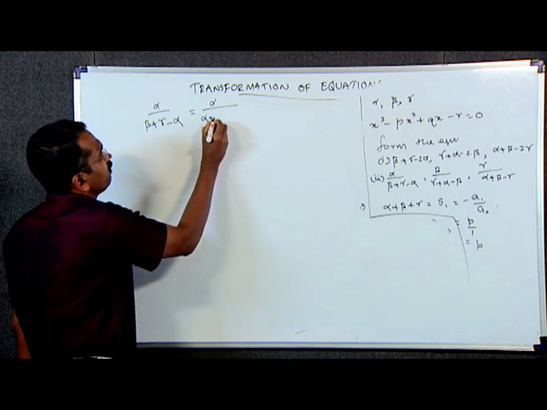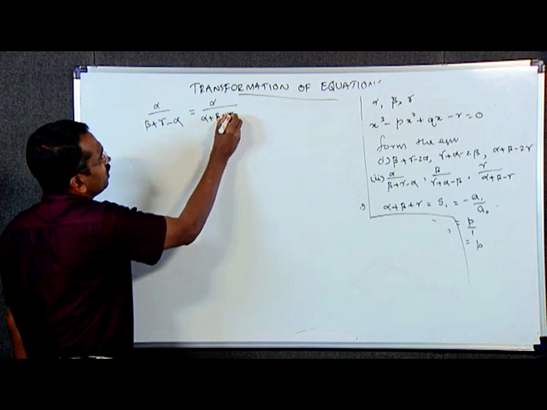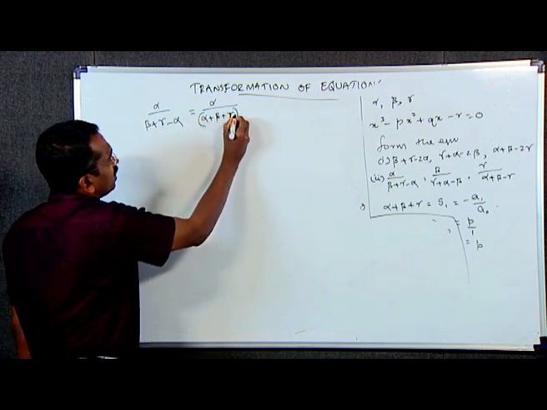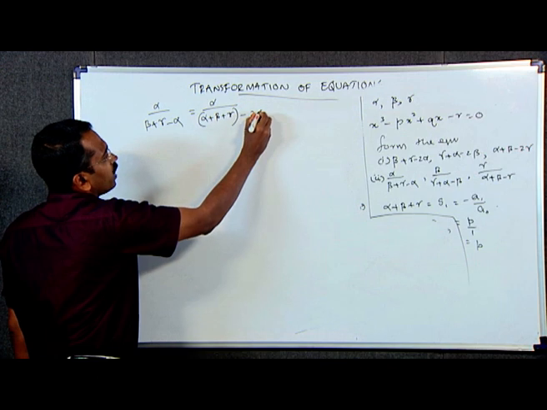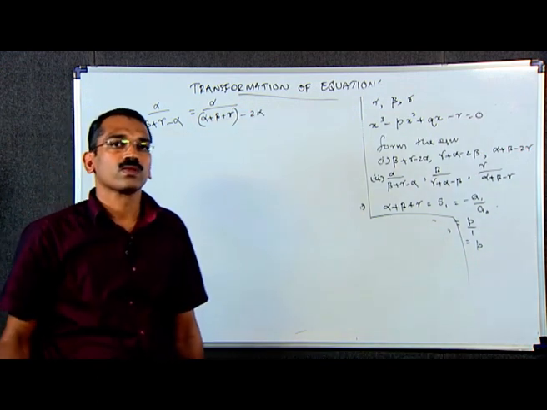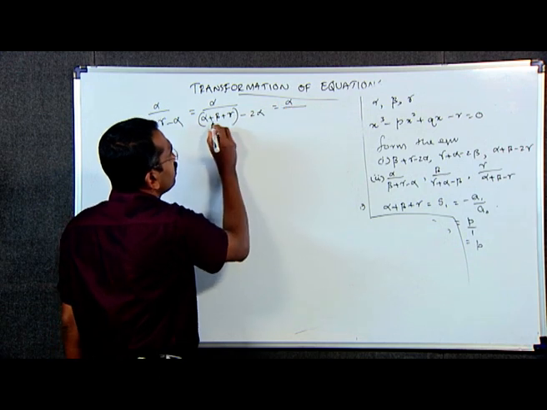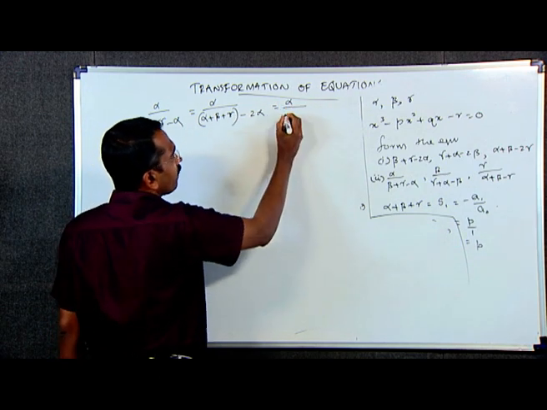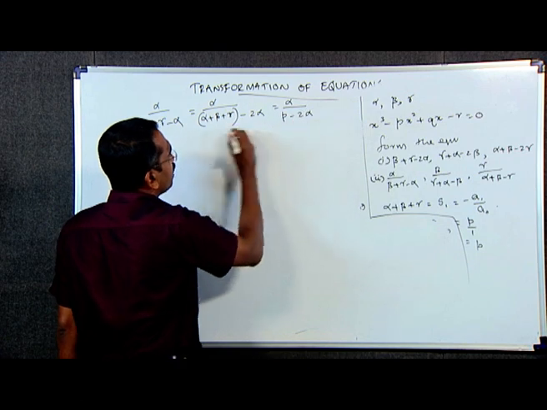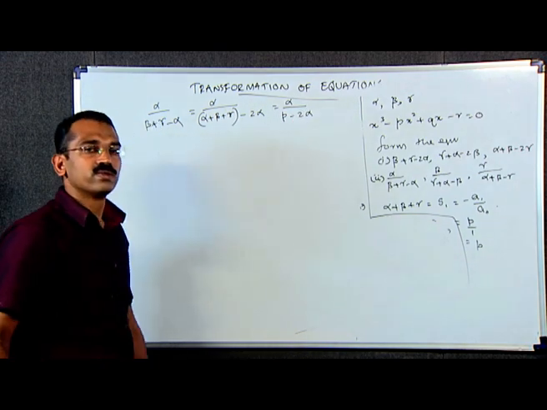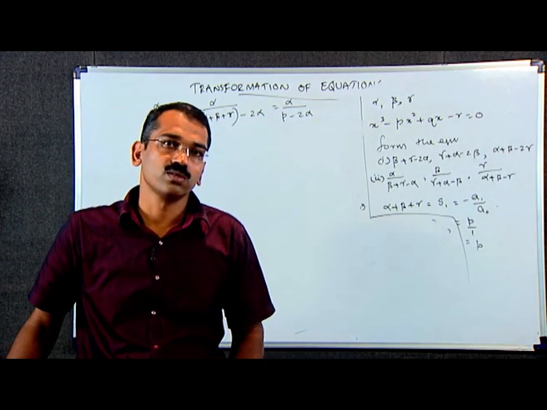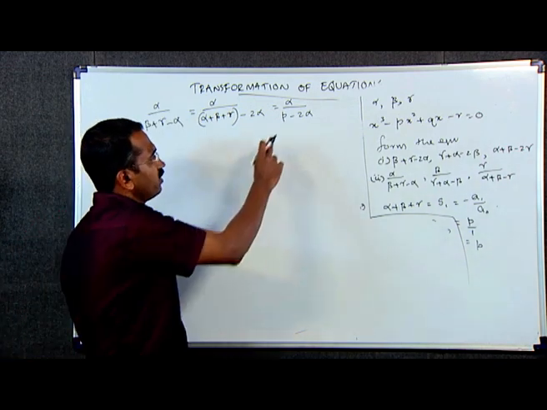Therefore, we can write alpha plus beta plus gamma minus 2 alpha, which is equal to alpha divided by p minus 2 alpha, since alpha plus beta plus gamma is p.